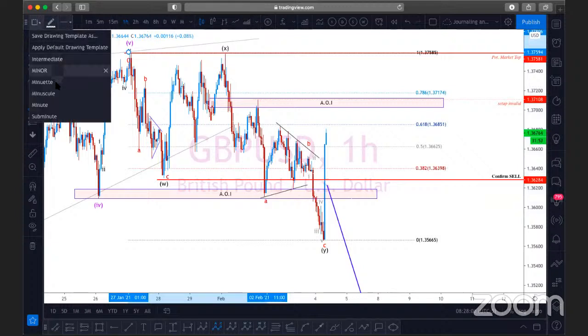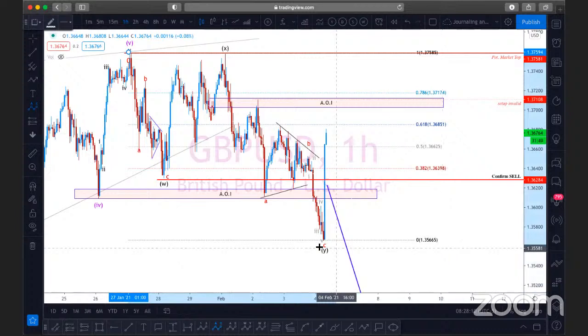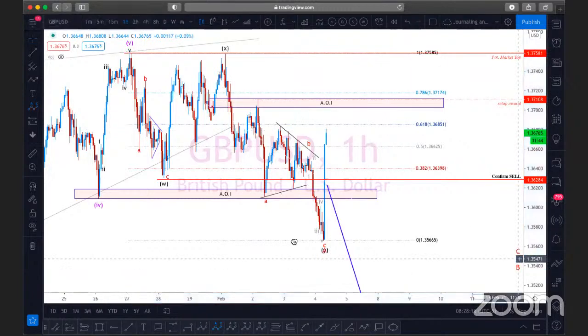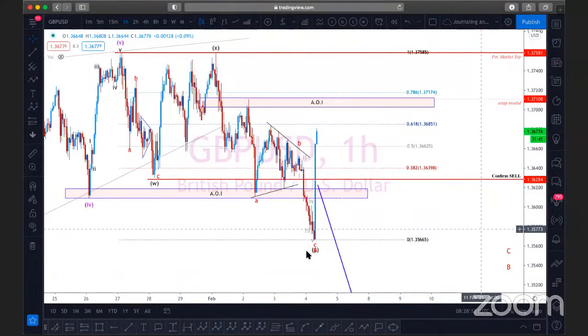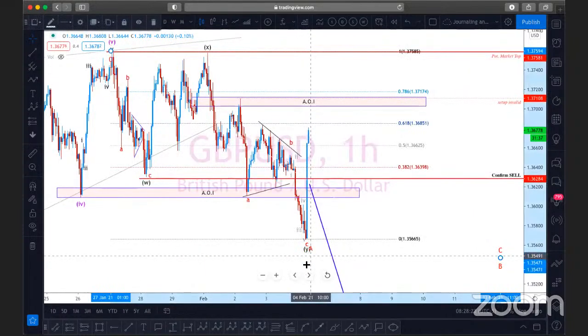Right? So like I said, correctives are very complicated at times, and we have to know exactly what we're looking at. So now that we have potentially completed wave A, and let's say that we have wave A there, we'll be looking now for where wave B would potentially fall.